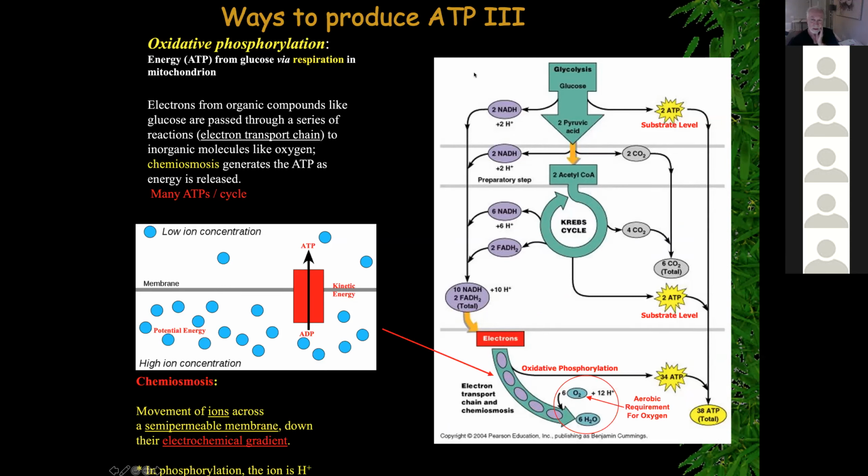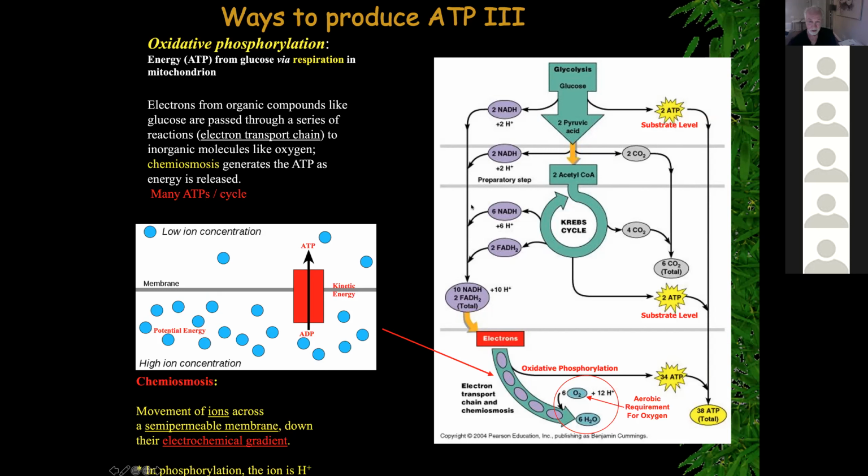So let's just look at the diagram, starting at the top with glycolysis. In glycolysis, glucose is cleaved to produce 2 3-carbon compounds, pyruvic acid, generating 2 ATPs by substrate level phosphorylation, and 2 NADH.